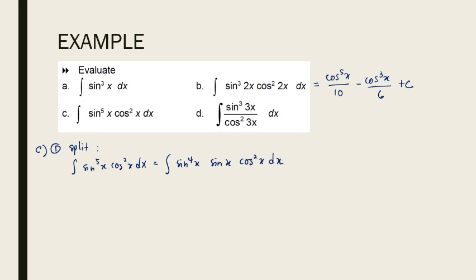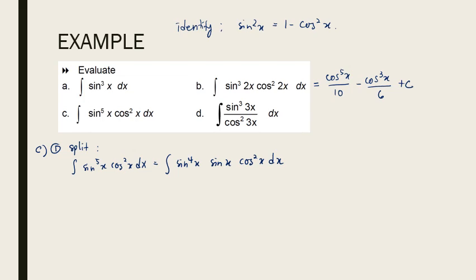Okay, I'm going to split the function. Next, use the identity. So what is the identity that we use? The identity is sine square x equal to 1 minus cos square x.